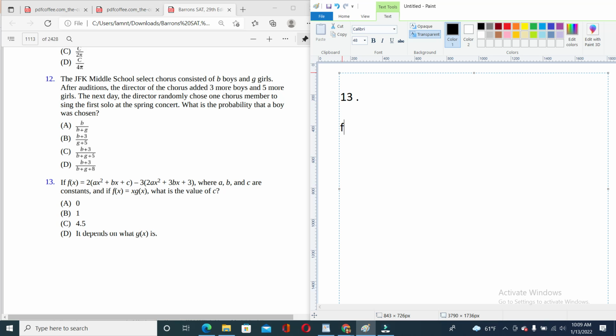So f(x) equals 2 times a x squared plus bx plus c, minus 3 times 2ax squared plus 3bx plus 3.